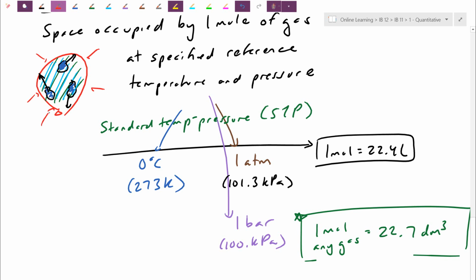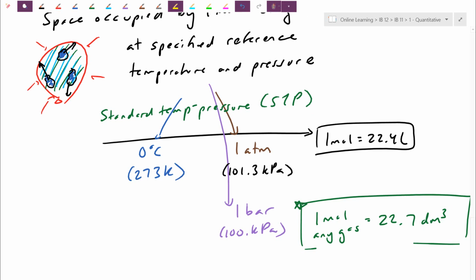Pretty much the balloon is going to expand until the pressure inside is equal to the pressure outside. That said, if we're not at the standard temperature and pressure, it's not going to be 22.7. We'll come back later on to do an ideal gas law lesson to figure out what this conversion would be and where I get this 22.7 from.